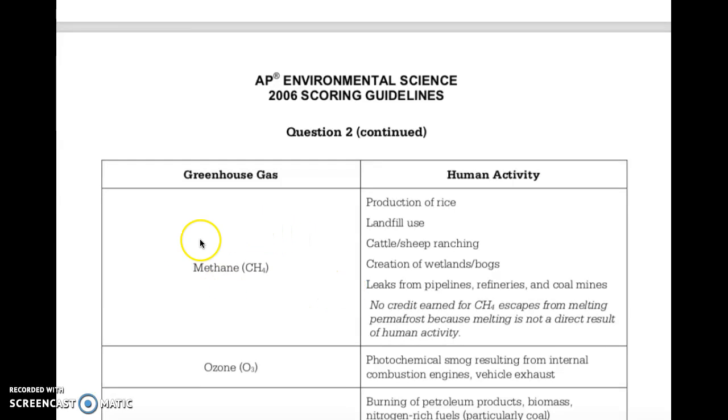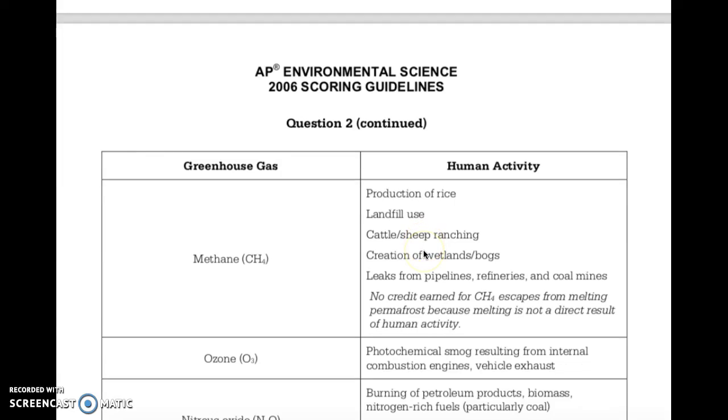So you have to state, like, methane is a greenhouse gas. It is caused by raising animals for human consumption. You have to specifically state that it would be raising animals for human consumption, such as cows.